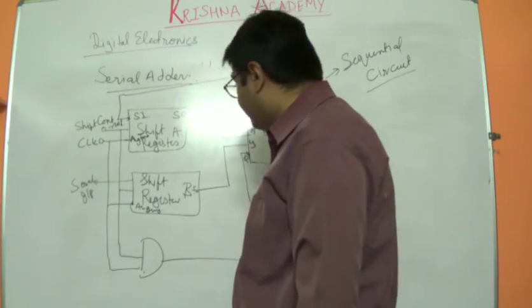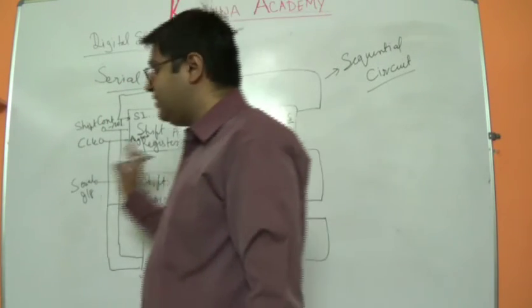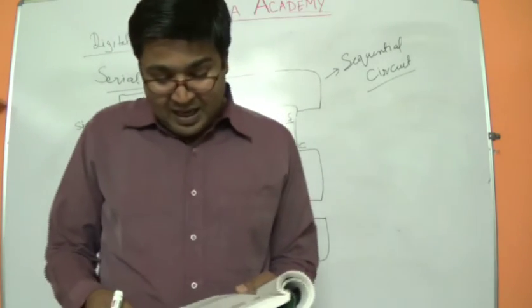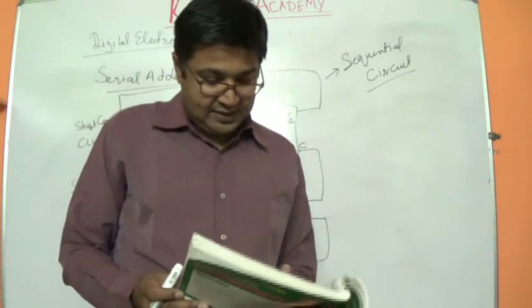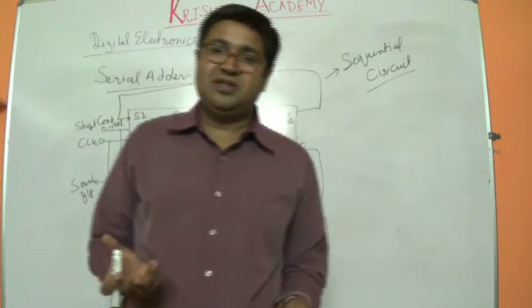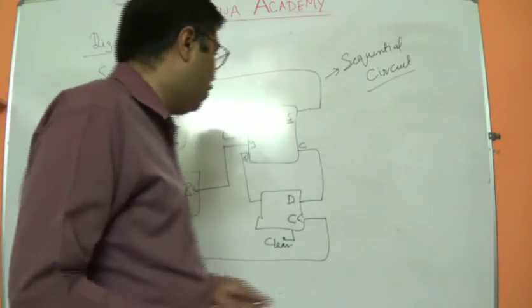So the output will vary. The shift register serial adder was one of the best examples of a sequential circuit. And the parallel adder is just a combinational circuit where we use parallel loads.